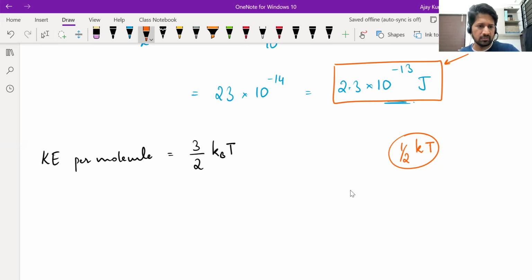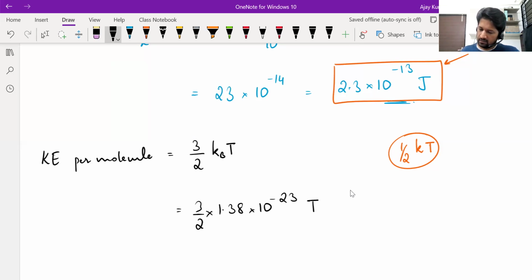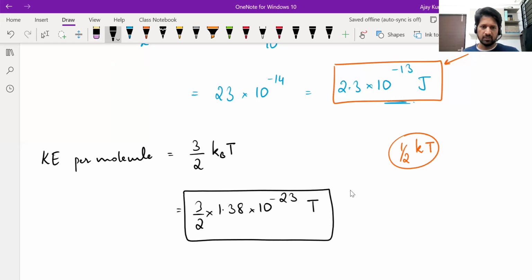Now, how much is the Boltzmann constant? Exact value: 1.38 into 10 power minus 23. So kinetic energy per molecule as a function of temperature, you can say it is 3 by 2 into 1.38 into 10 power minus 23 multiplied with the temperature T. This is the formula for kinetic energy per molecule.